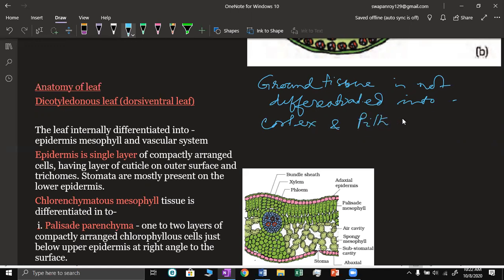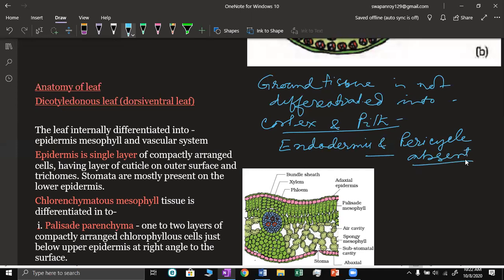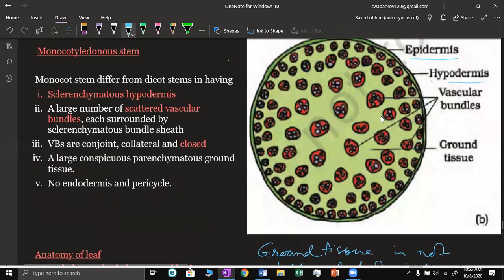Why is it not differentiated? Because in this monocot stem, the endodermis, the boundary layer, the demarcating line, and the pericycle are absent. So the ground tissue is not differentiated into two portions. It is continuous below the hypodermis.